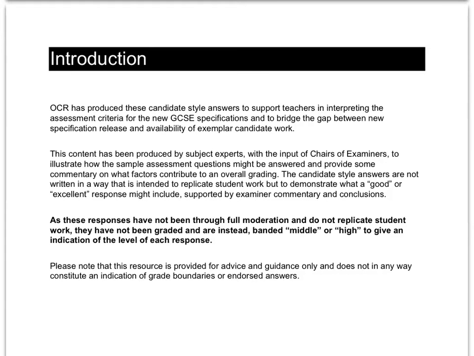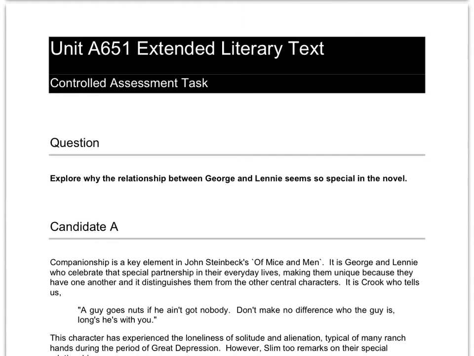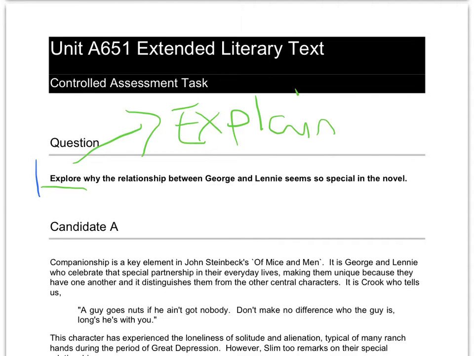This is the page right here that we're looking at. For this page, a couple of the key things we need to know: right here we've got the question. With the question we've got this keyword, explore, which wants us to kind of explain. Other keywords are this idea of the relationship between George and Lenny, so we know we need to talk about the characters.